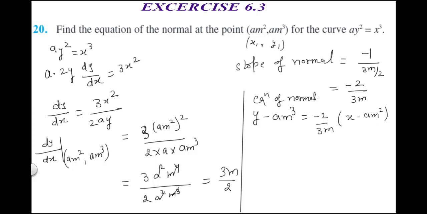Solving it, multiplying both sides with 3m, we have 3my minus 3am to the power 4 equals minus 2x plus 2am square. So we will get 2x plus 3my minus 3am to the power 4 minus 2am square equals 0.